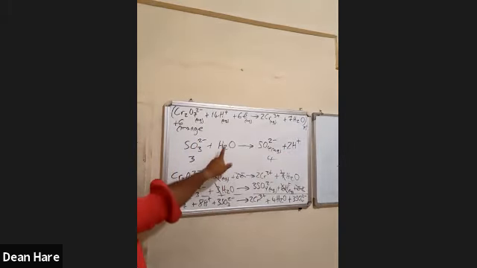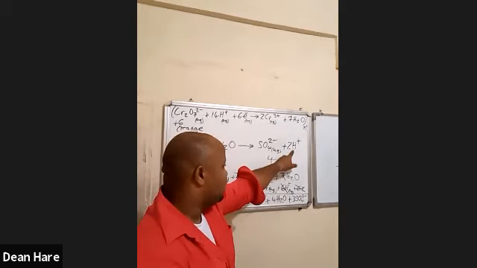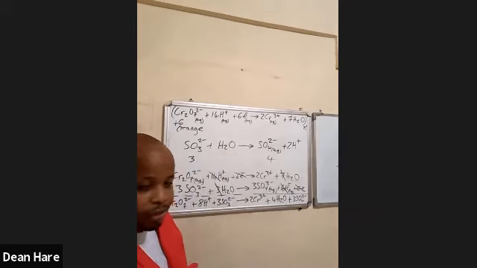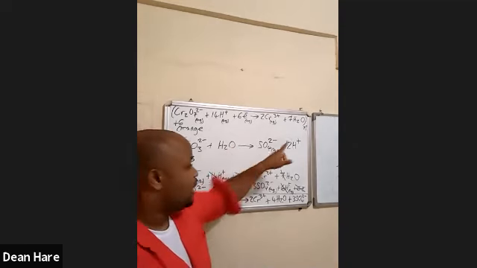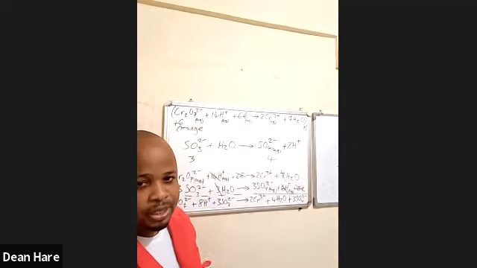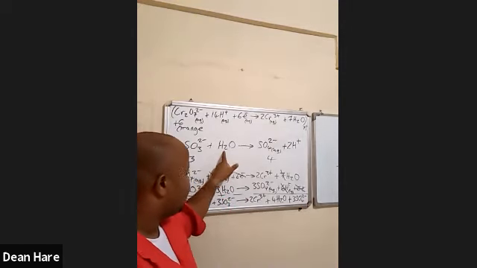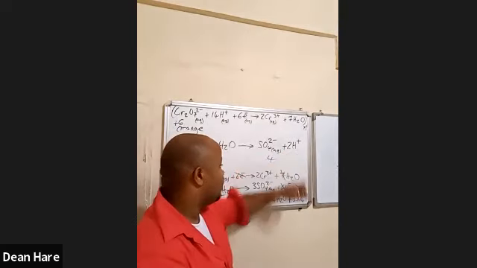So that is why we have water here and hydrogen ions on this side. Water is to balance oxygen, so if you need to add oxygen, you add it in terms of water. If you need hydrogen, you add it in terms of hydrogen ions. So 2 hydrogen is needed on this side, and we add 2 hydrogen ions.